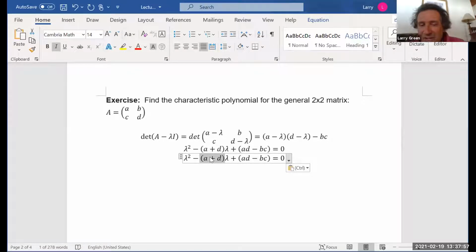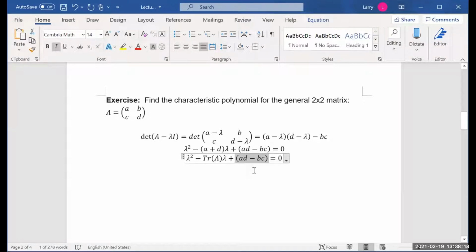None of you are jumping in. Remember, that's called the trace. I'll write tr of A. So the trace of A is the sum of the diagonals. What about AD minus BC? That's just the determinant.